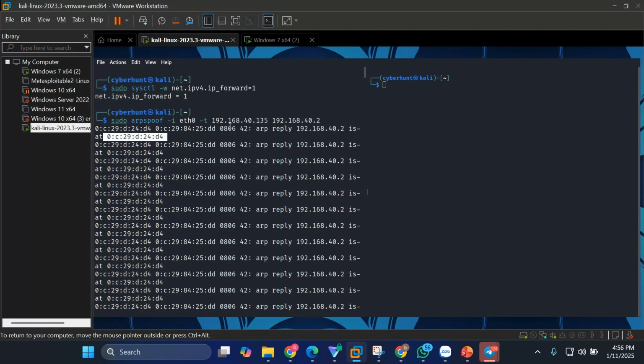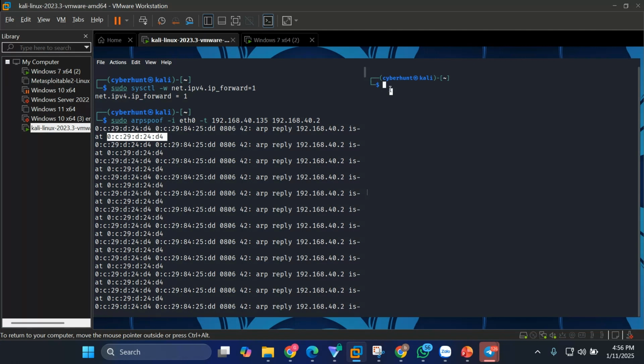By so doing, every piece of data that is meant to be sent to Windows, or that Windows wants to send out to the internet, must pass through the router. And remember that we have spoofed the IP address of the router and we are in this network, meaning that everything that passes through this router, we are going to see it because we are pretending that we are the legitimate owners of this router.